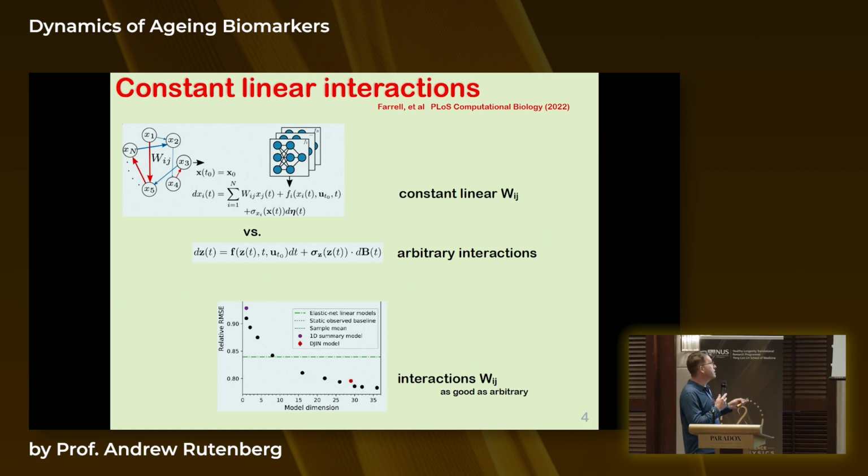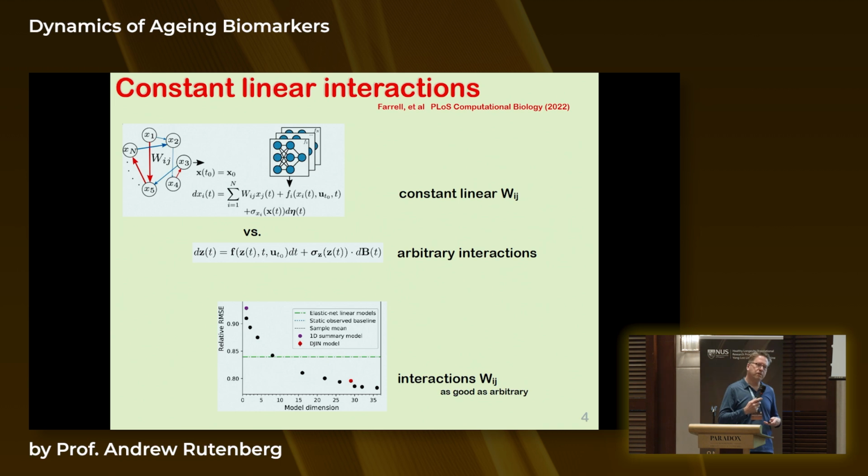And we horse raced the two models. There are some details of the arbitrary interaction. It was in a latent space where we could tune the dimension. But the main thing is that the top model with the explicit, very simple interactions is the red dot. And the bottom model, which has these arbitrary interactions, arbitrary latent space, is the black dots. And basically they're the same.